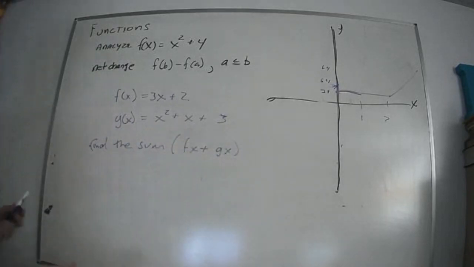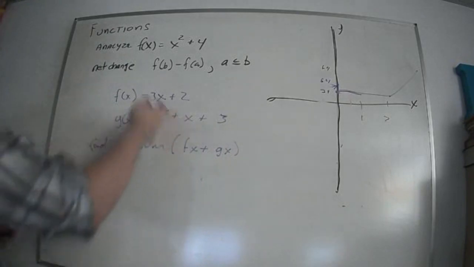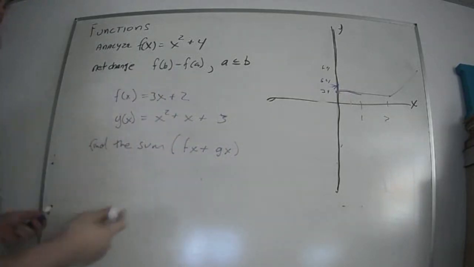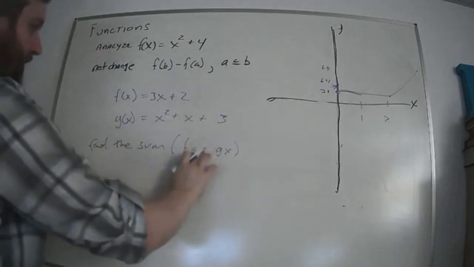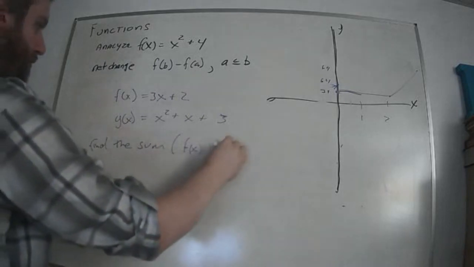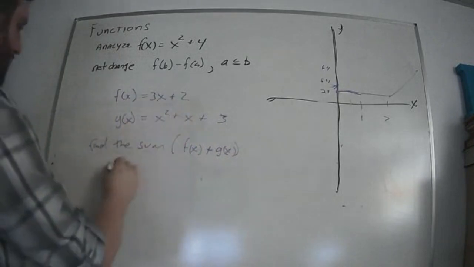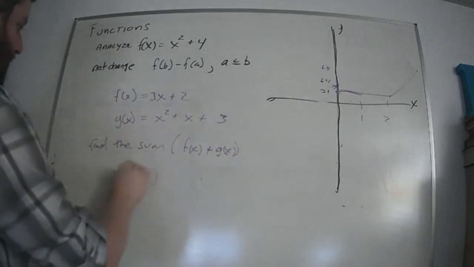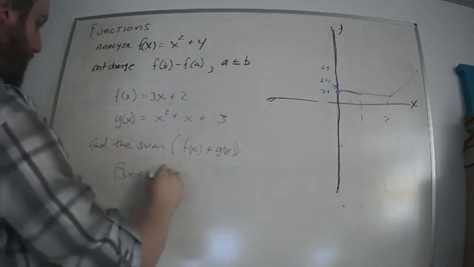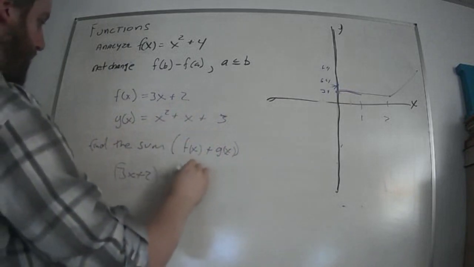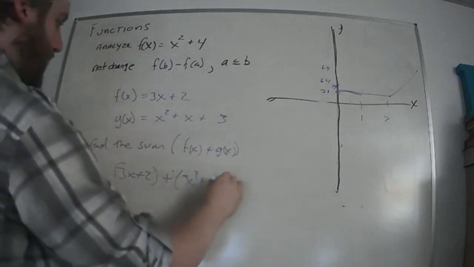To do that, there's a couple of ways I can do it. I can do it by simply writing them down again. But really, the sum means combine them, right? So I can combine these two functions. I have f of x is 3x plus 2, and g of x is x squared plus x plus 3.